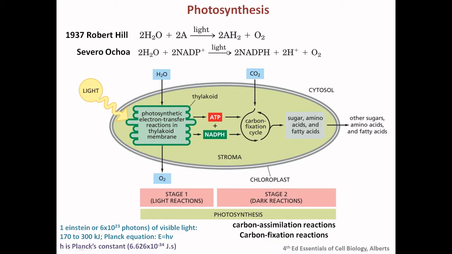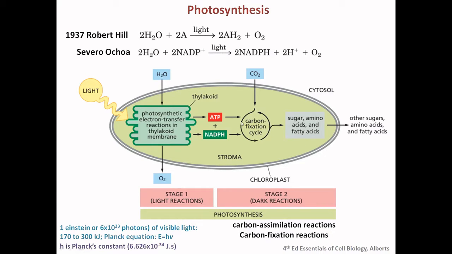In the presence of light, it is reduced into NADPH, and protons are released, which move from the stroma of the chloroplast into the thylakoid lumen, and the oxygen is released.